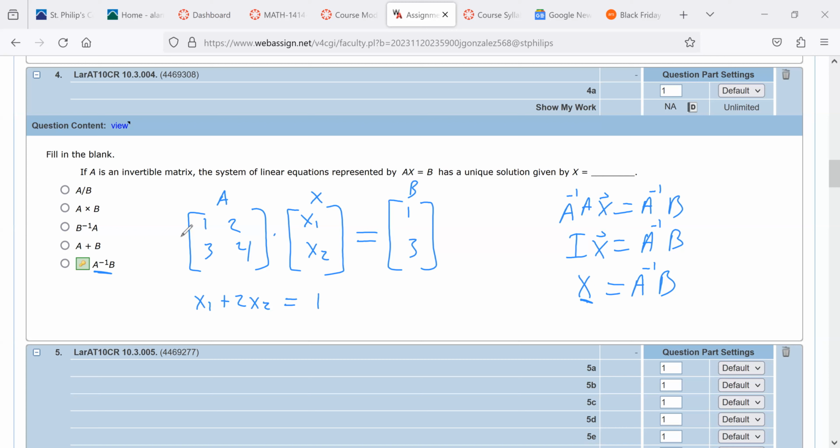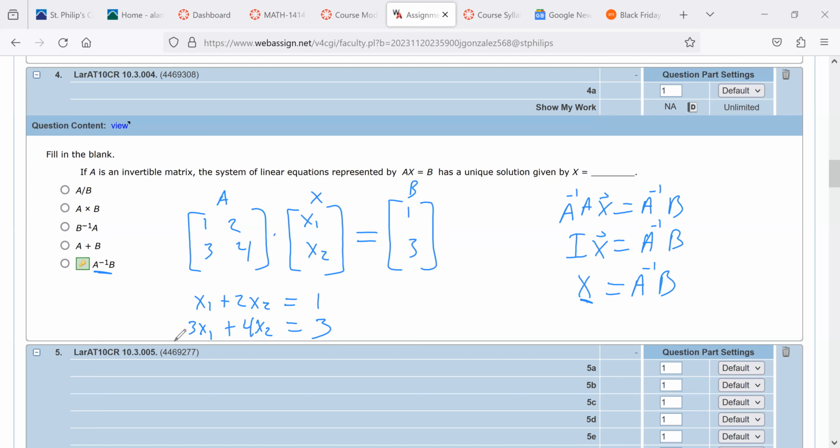So that's what this piece right here is technically creating. Then you have 3x1 plus 4x2 equal to 3. So this system of equations can be turned into a matrix equation.